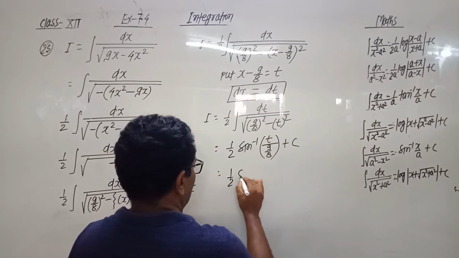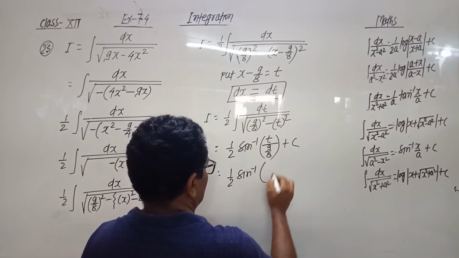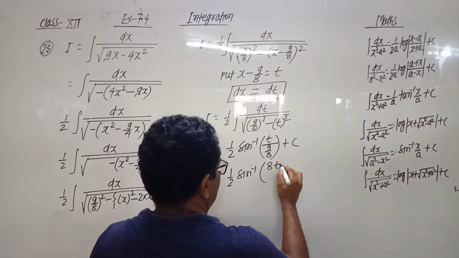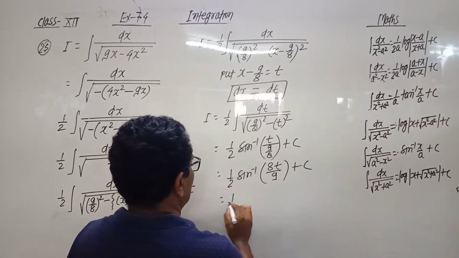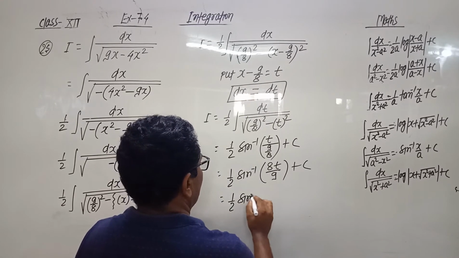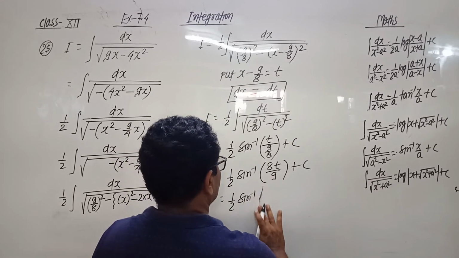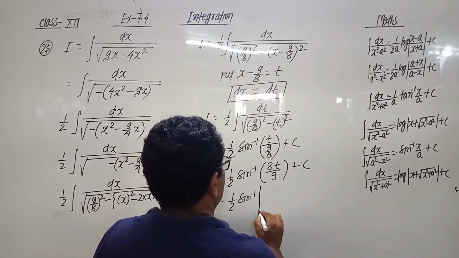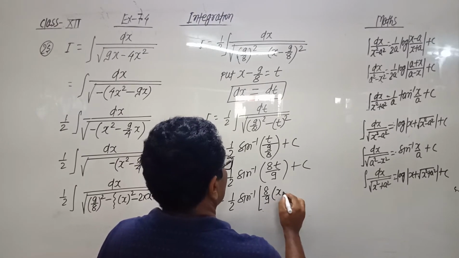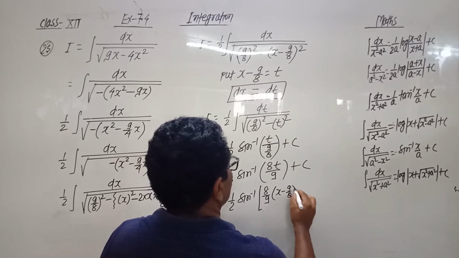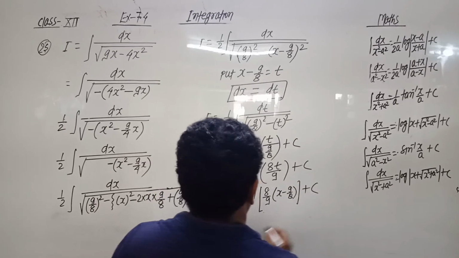Then it becomes 1 by 2 sine inverse 8t by 9 plus c. Now put the value of t. So 1 by 2 sine inverse 8 by 9, and the value of t is x minus 9 by 8, plus c.